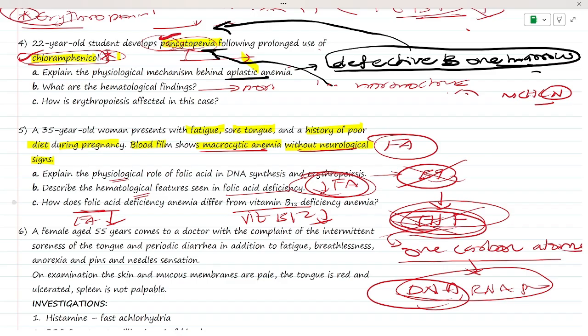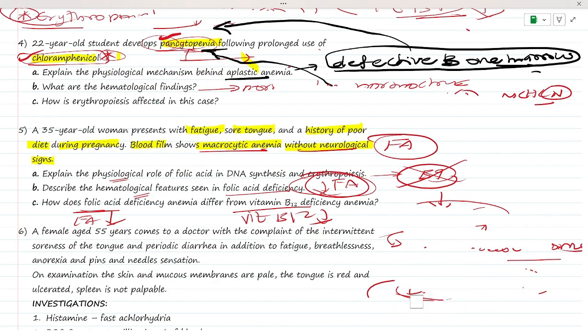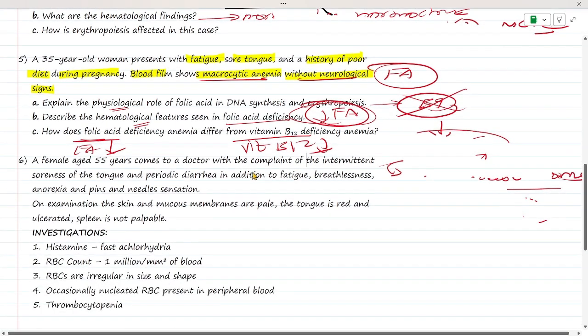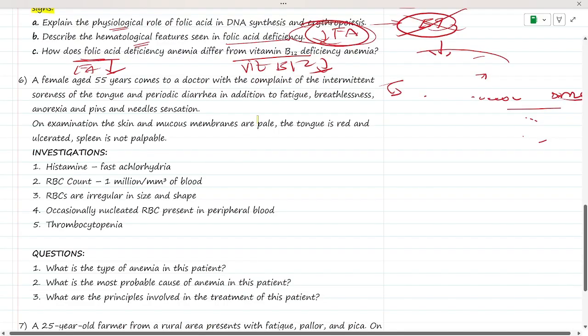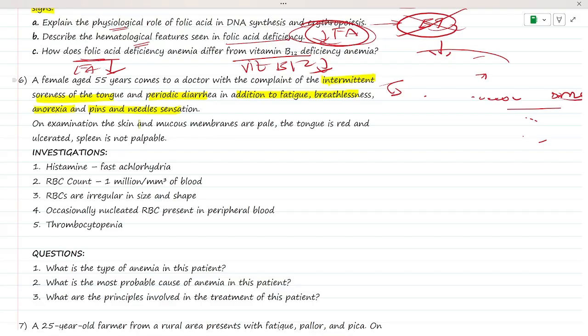I will go to the sixth question. The sixth question is, a female aged 55 years comes to a doctor with the complaint of intermittent soreness of tongue, periodic diarrhea, in addition to fatigue, breathlessness, anorexia, pins and needle sensation.